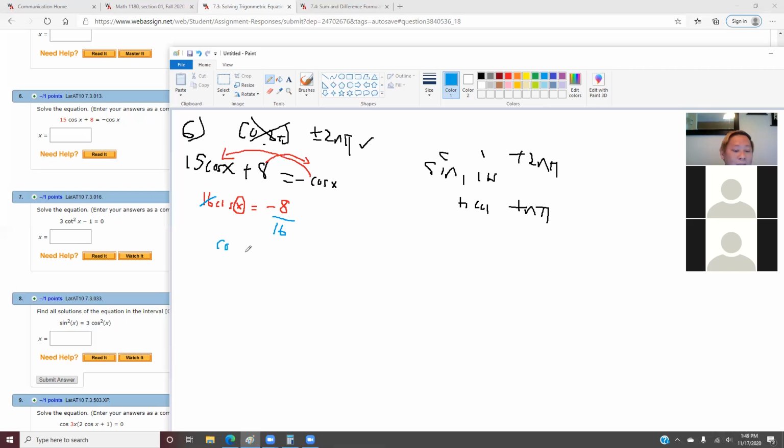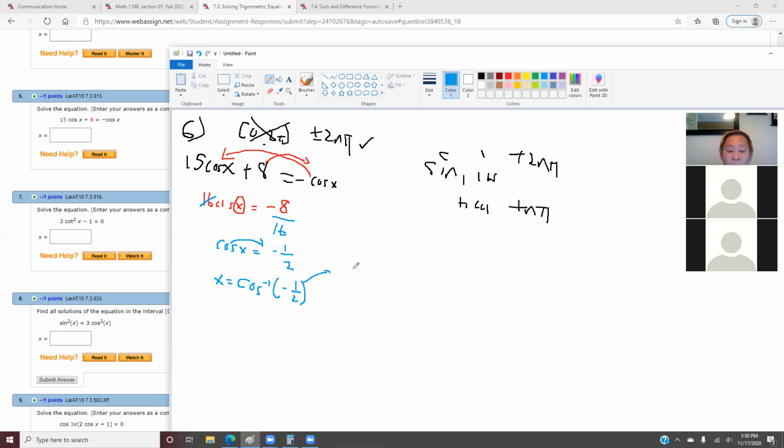Very good. So what is that? Cosine x is negative 1/2. Very good. And then how do we get rid of the cosine? When you move the cosine, it becomes the inverse, the arc, you call it.